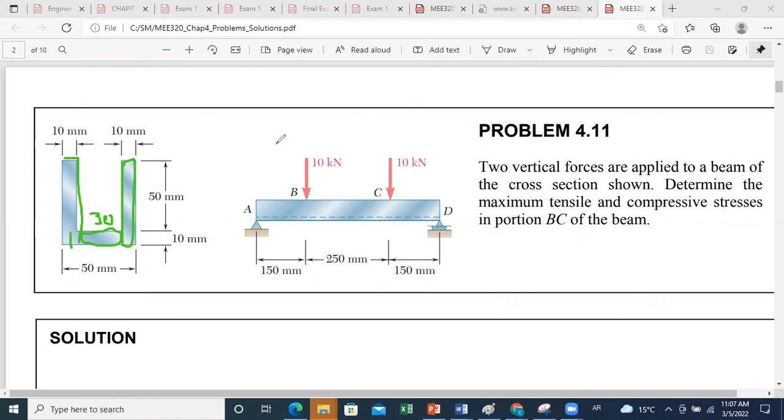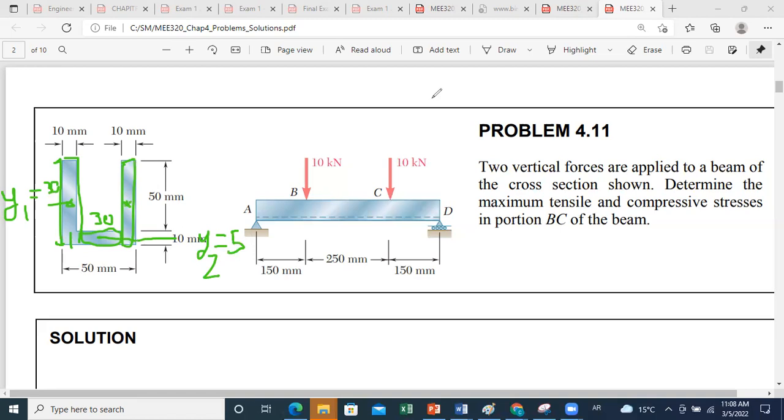Okay, so then we still have to determine for each area the location of the centroid. For the first rectangle, it's at the center of the rectangle, and since the whole height here is 60, y bar 1 is equal to 30. The same for y bar 3, while for the rectangle here, the centroid is at 10 over 2, so y2 is equal to 5 millimeters.